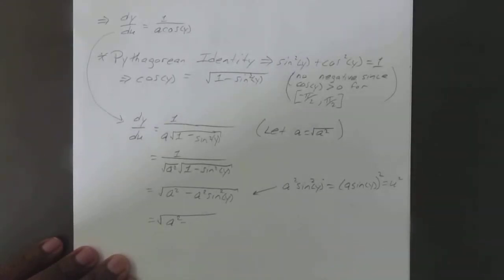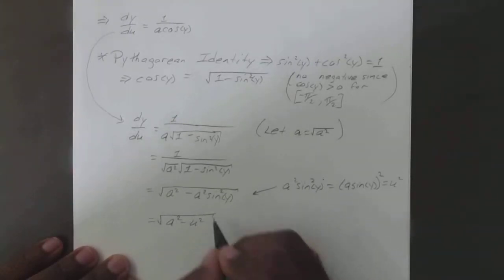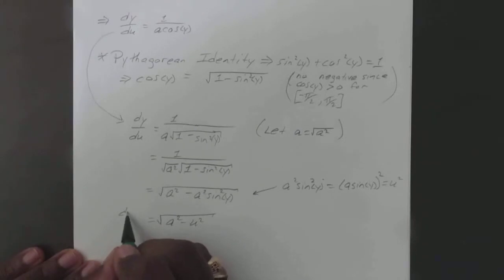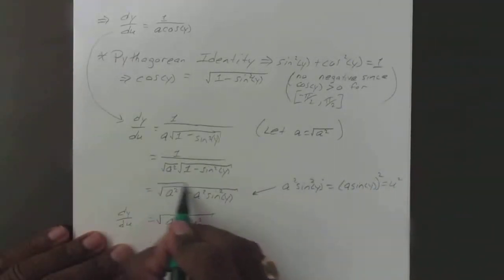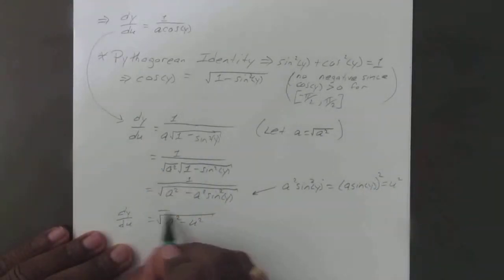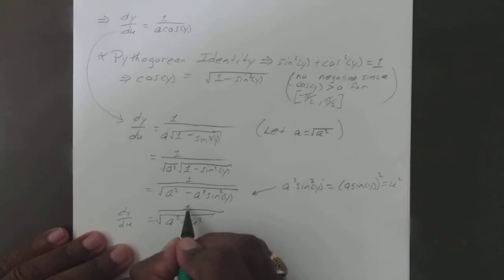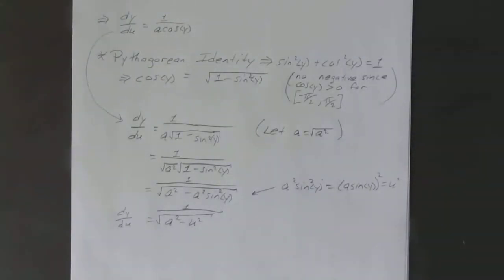So it's equal to the square root of a squared minus u squared. Sorry, dy du, 1 over square root.